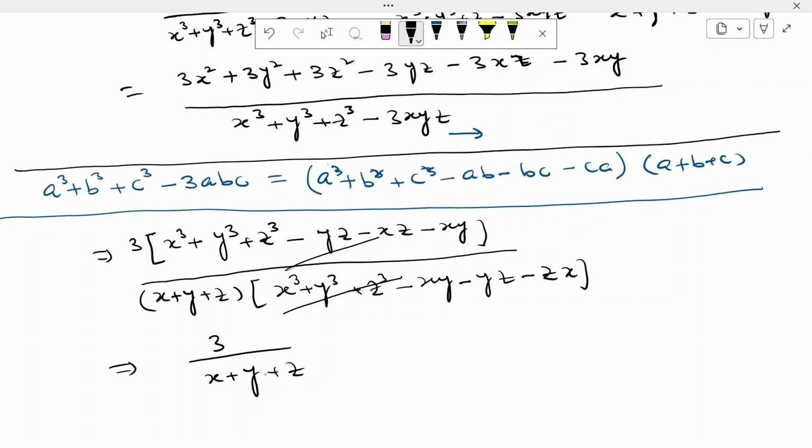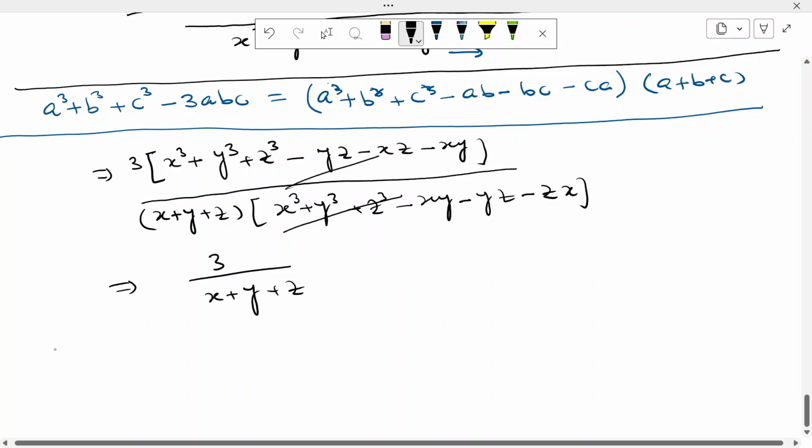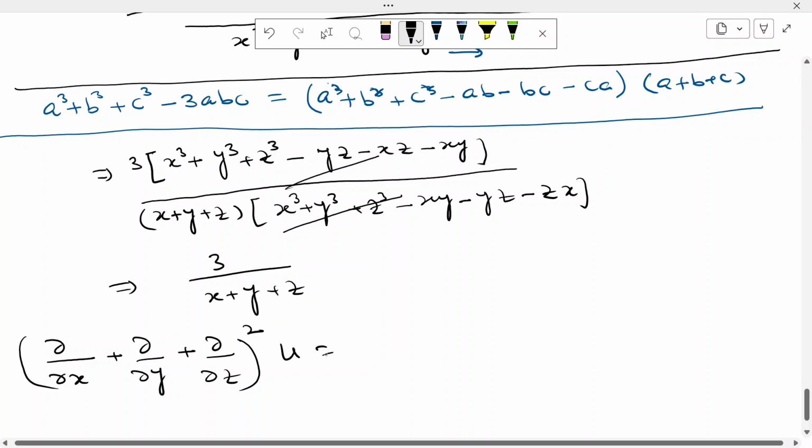Okay, so this is the value of del u over del x plus del u over del y plus del u over del z. Now in order to calculate del over del x plus del over del y plus del over del z whole square on u, we have to apply this 2 times.